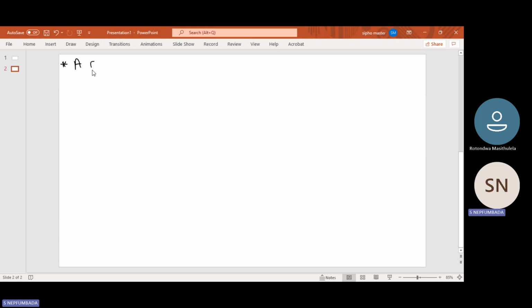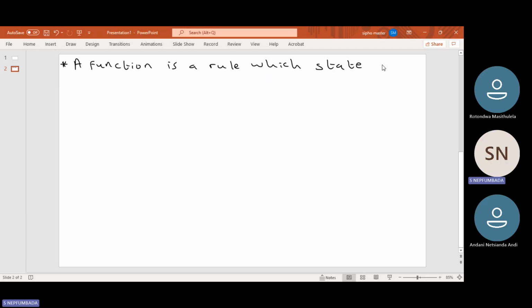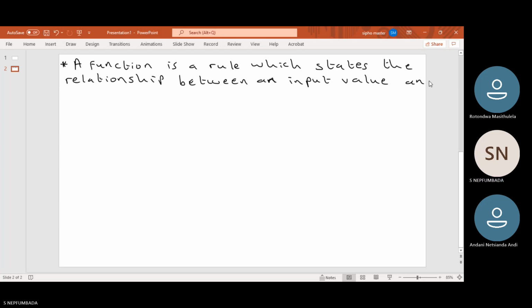We can say a function is a rule which states the relationship between an input value and an output value.